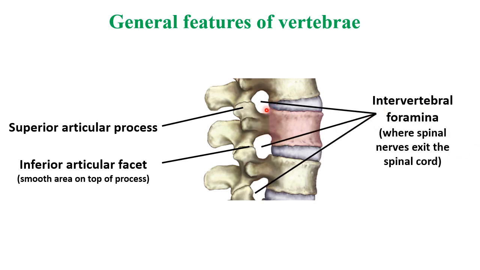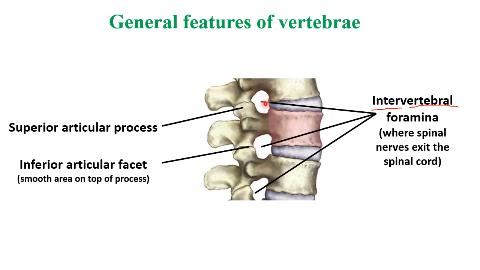And these holes that you see when you look sideways are called intervertebral foramina. Let's make sure you get this down properly. That means if you look at only one of those bones, you're not going to see the hole. You're only going to see a part of it.